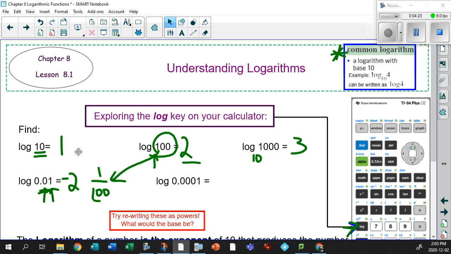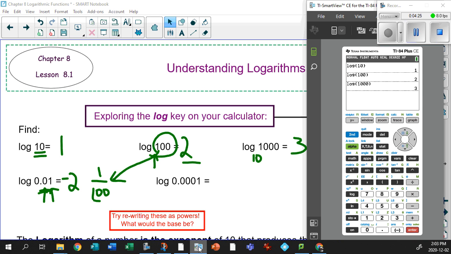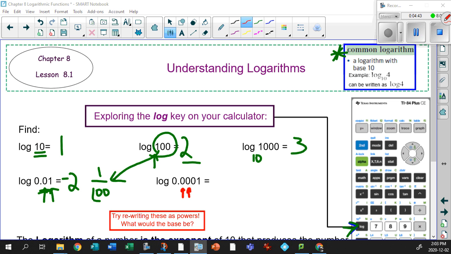Let's bring up our calculator and let's see. The log of 0.01 is, let's see. It is -2. So think about it this way. There's the tenths, there's the hundredths, there's the thousandths, there's the 10,000ths. So this is 1 over 10,000, which is the same thing as saying 10,000 to the power of -1.